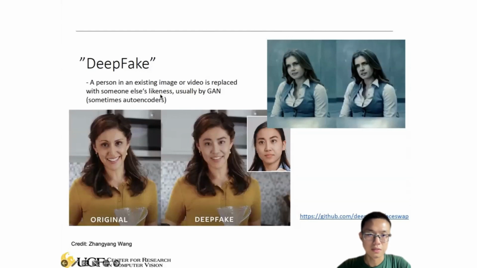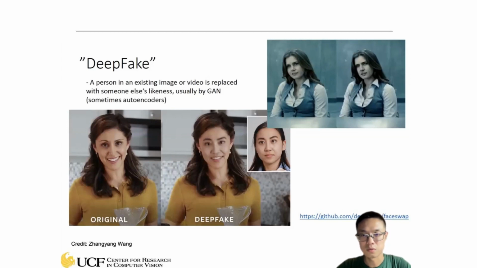So that's why there are also techniques trying to detect if the images or videos are generated by this kind of deepfake technique. So here Meta actually hosted a deepfake challenge, right? They have this data set. Some of them are real images or videos, and some of them are generated by generative models.